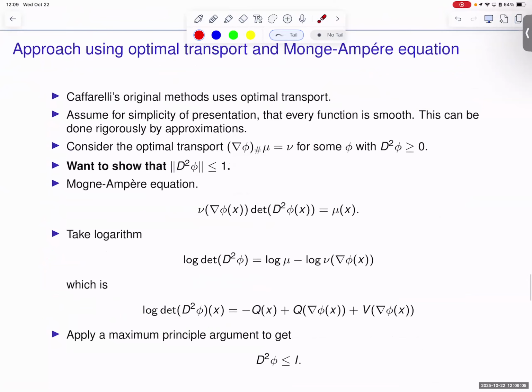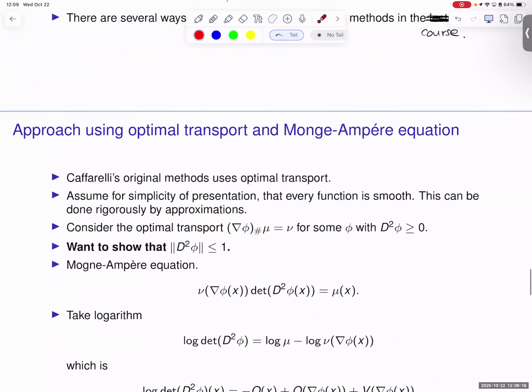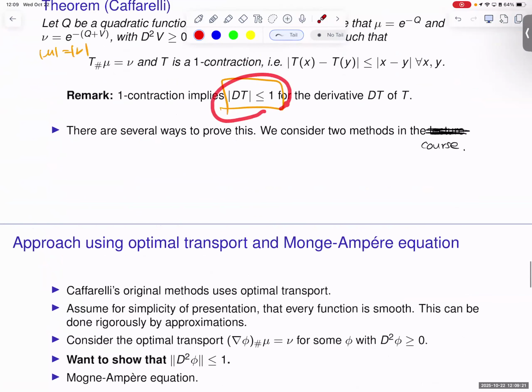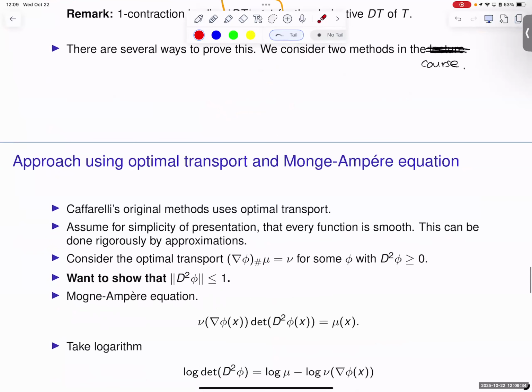So we find an optimal transport mapping given by gradient phi, which transports mu to nu. And then we want to show that this mapping has this control on the first derivative. But control of the first derivative of the mapping is the same as controlling the second derivative of the function phi, right?